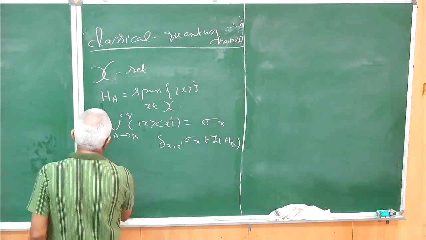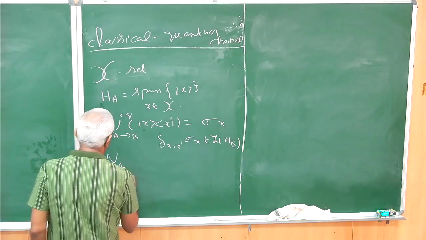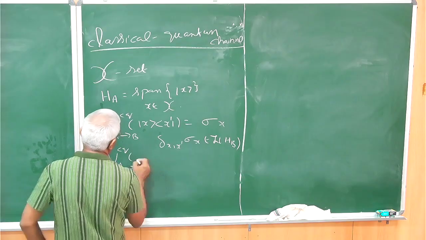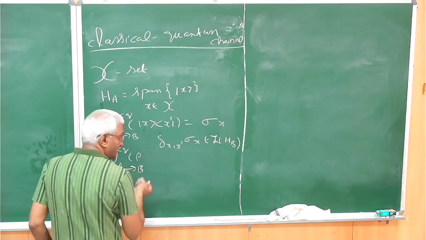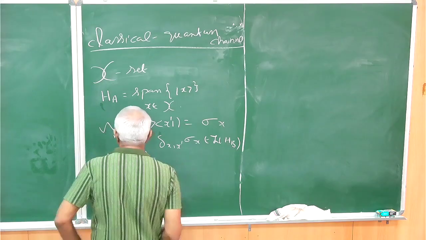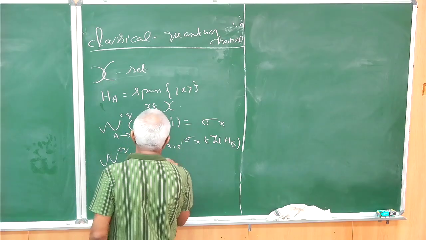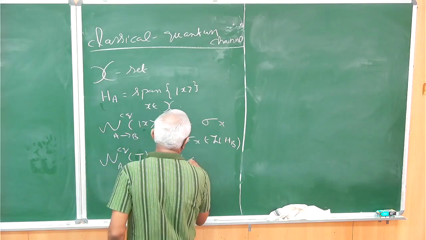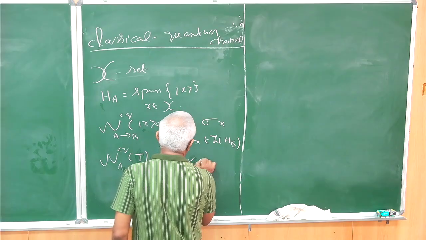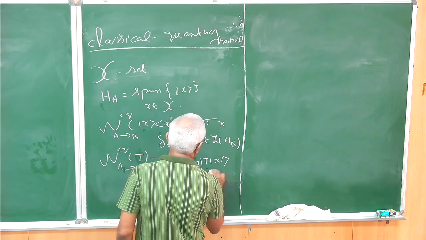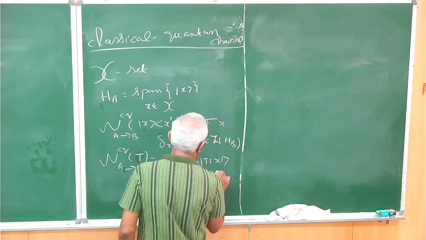So in particular, N of any rho or any T is going to look like this: T_{x'x}, and then |x'><x|.